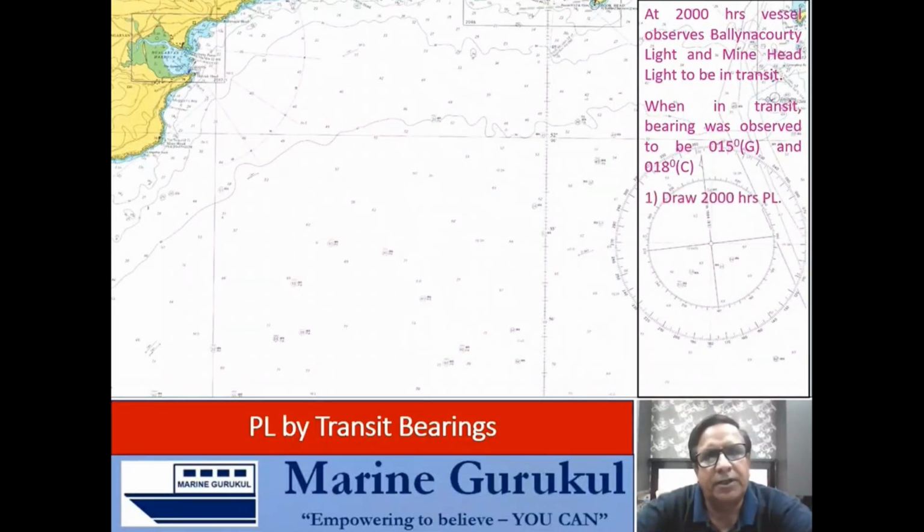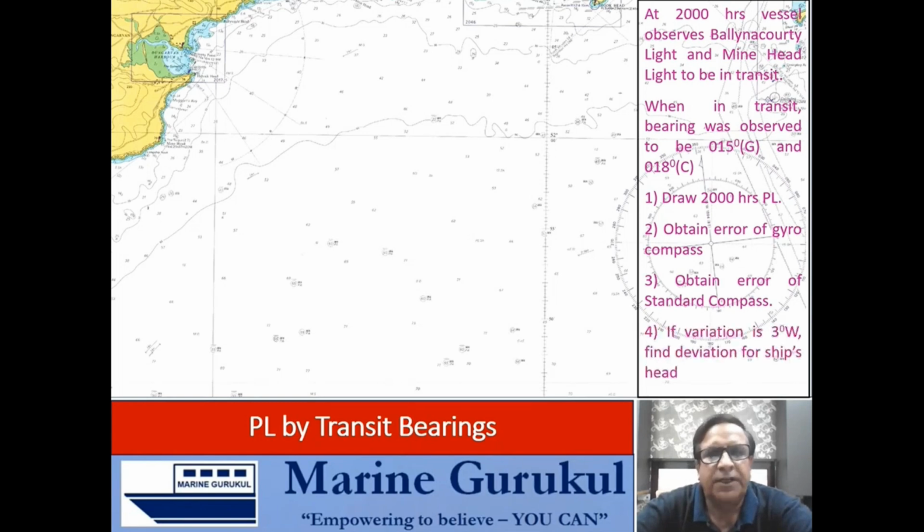Draw 2000 hours PL. Obtain the error of the gyro compass. Obtain error of the standard compass or the compass error. If variation is 3 degrees west, find deviation for the ship's head.